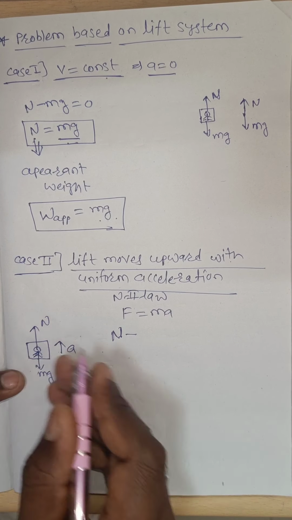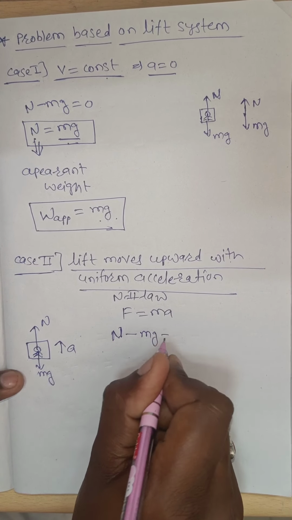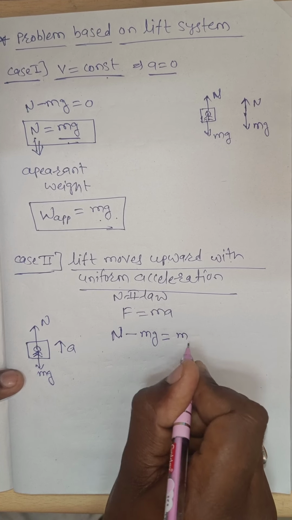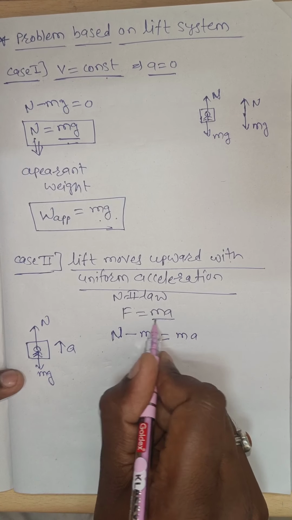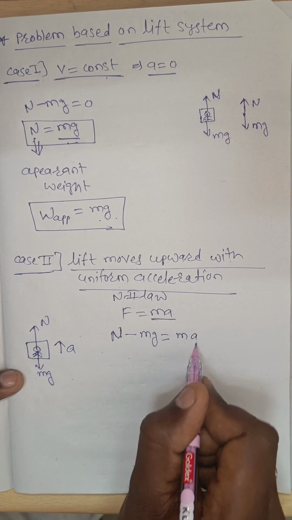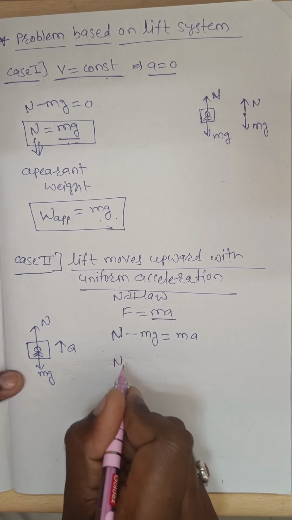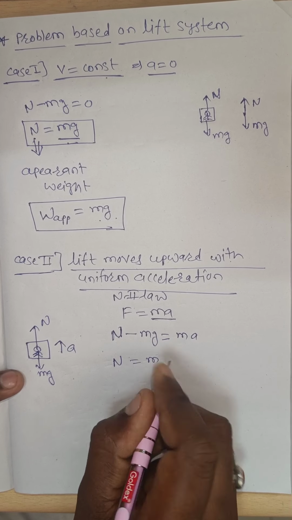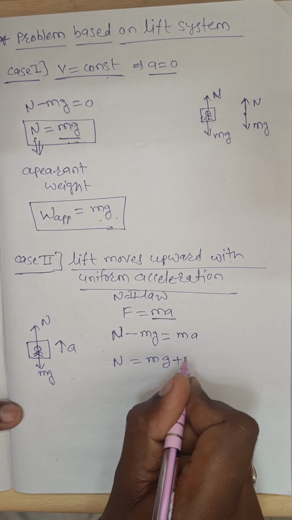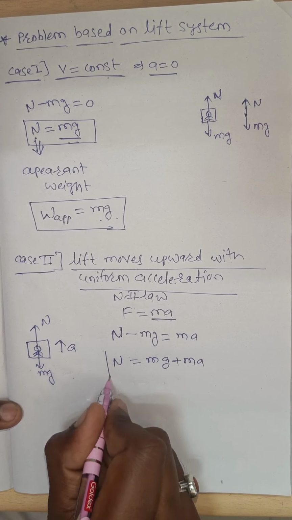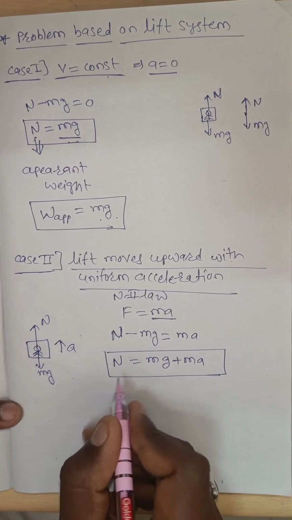Therefore the net force is N minus mg, which equals mass into acceleration. That acceleration is in the positive direction, therefore ma is positive. If you shift mg to the right-hand side, it becomes N equals mg plus ma.